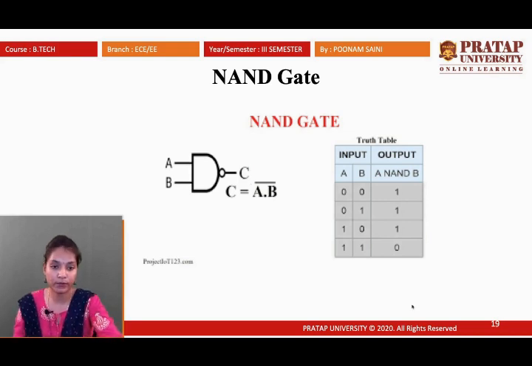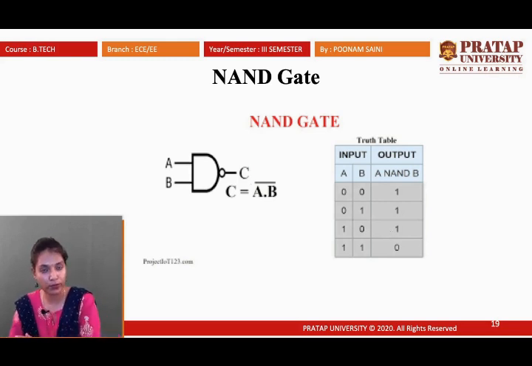That means A is 1 and B is 1. When both the inputs are high, the output is low, otherwise the output is high. This is the conclusion for the NAND gate.